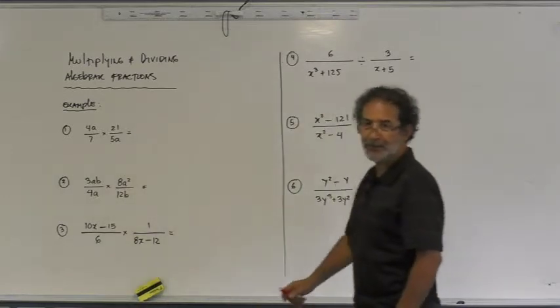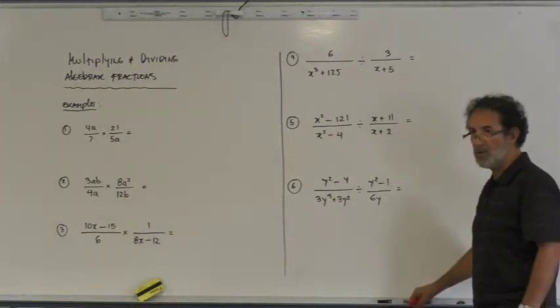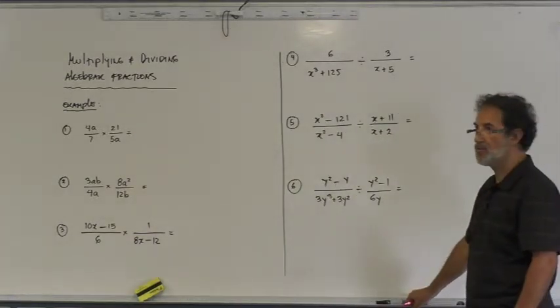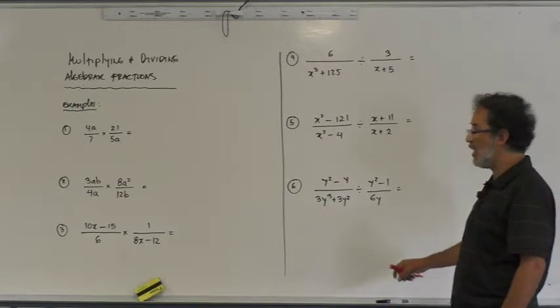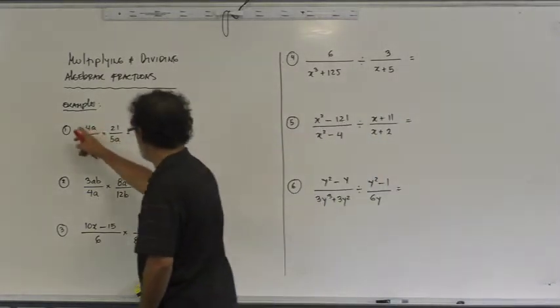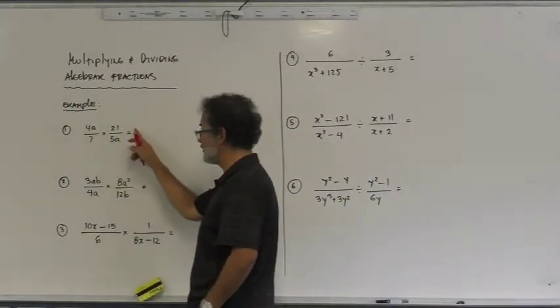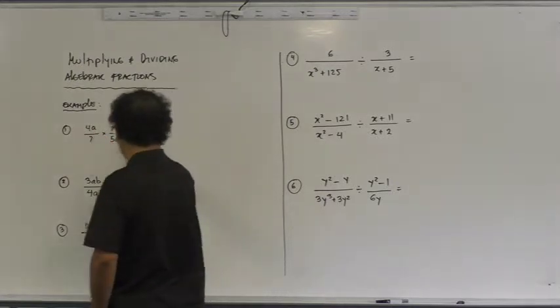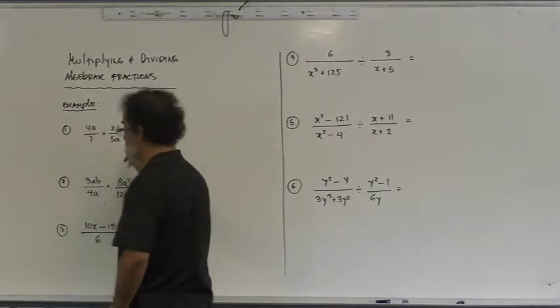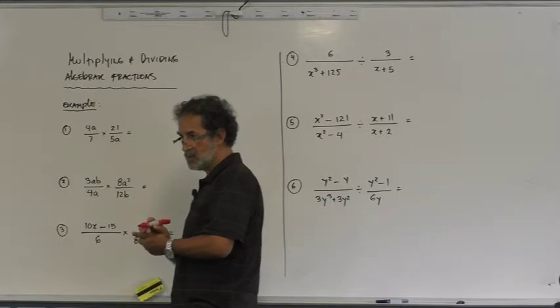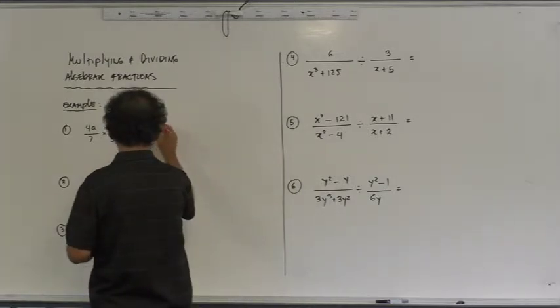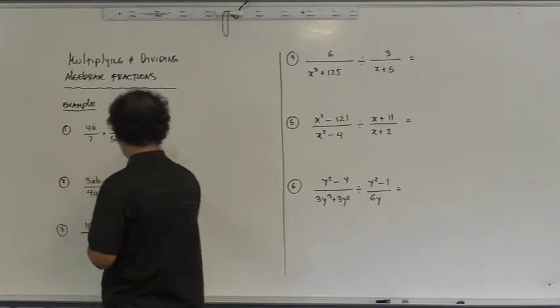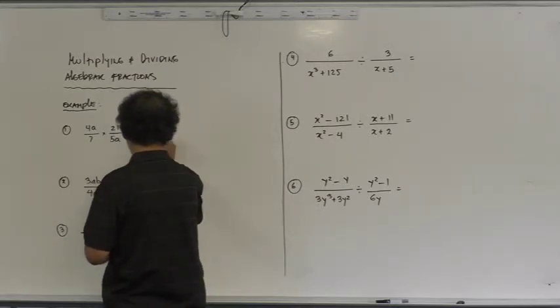Question 1 is one of the easiest ones. We can do this in many different ways, but the way I always do it is we multiply right across. So you do 4 times 21. What's the answer? 84. So it's going to be 84a, and then 7 times 5 is 35, so it's going to be 35a.